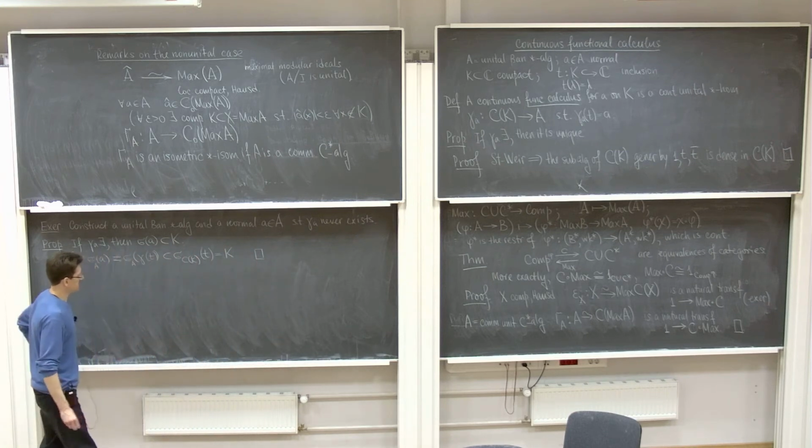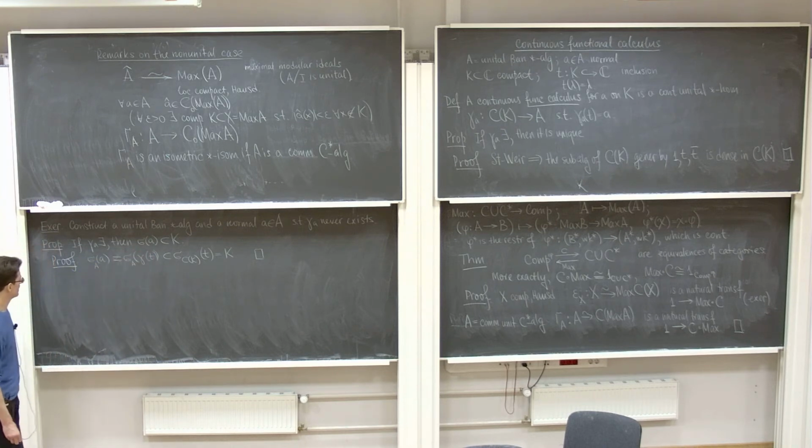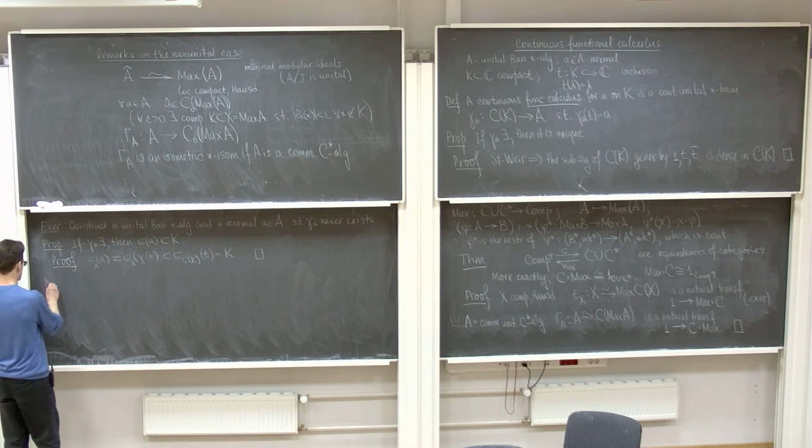So it turns out that if A is a C-star algebra, then this condition is also sufficient for the existence of a functional calculus. Before we prove this, let's introduce some useful notation.